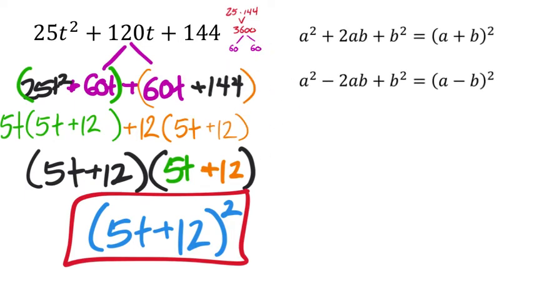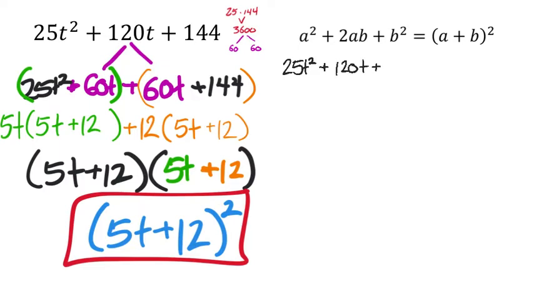And once again, we got an addition between the t squared and the t term. So let's look at this term overall. We had the 25t to the power of 2, plus 120t, plus the 144, okay?